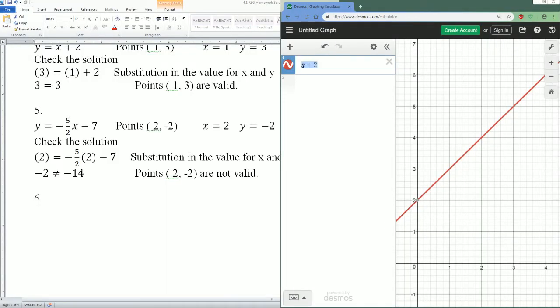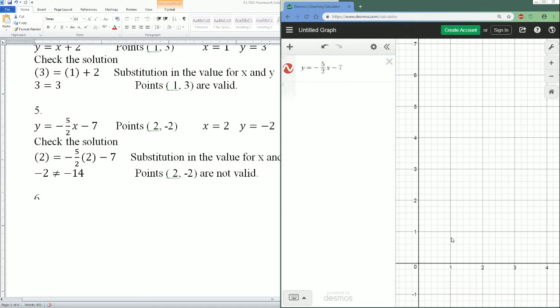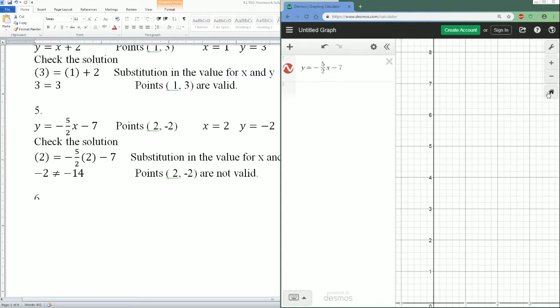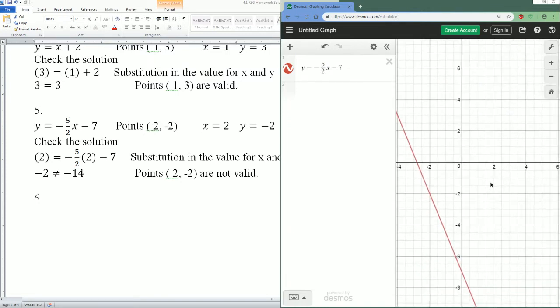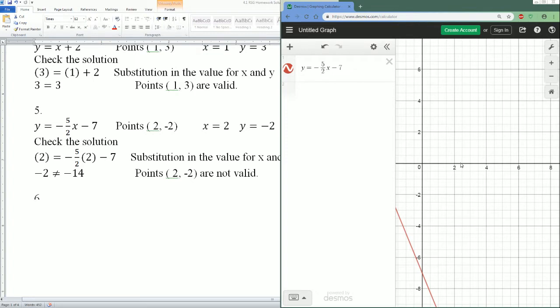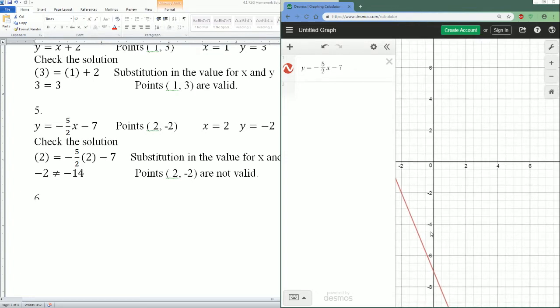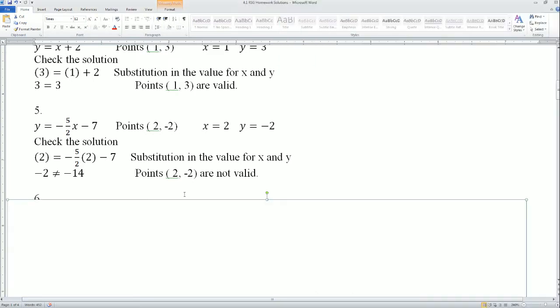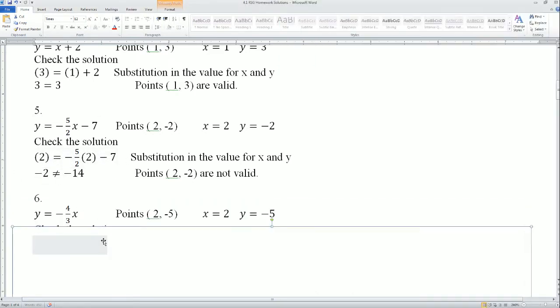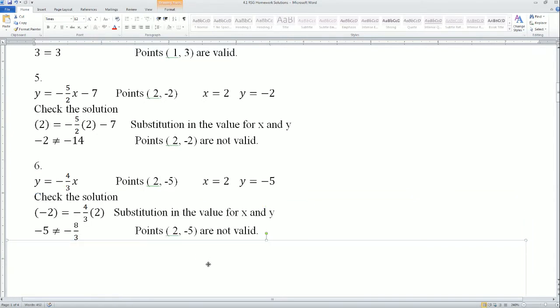Let's see, y equals negative 5 over 2 x minus 7. Okay, let's see if negative 2 is a valid point. Nope, it's so far away from the line. Not valid. Plug it in. Negative 2 is not equal to negative 4. Here's negative 6.